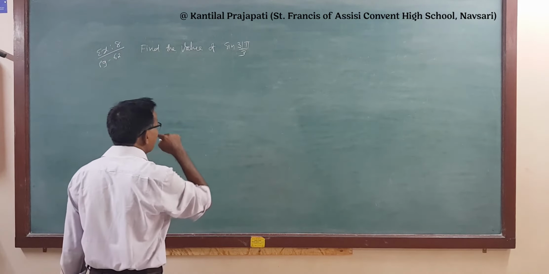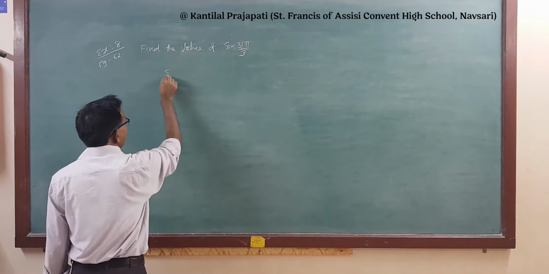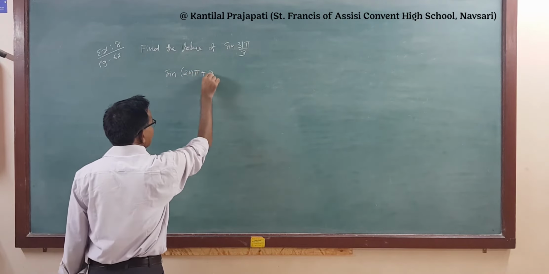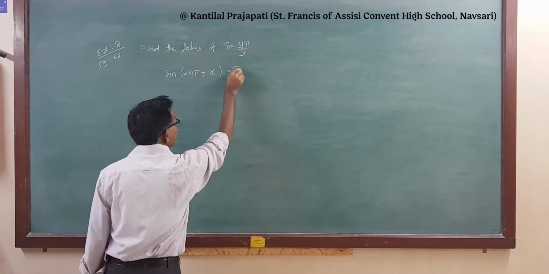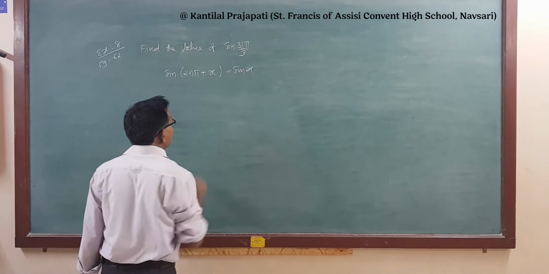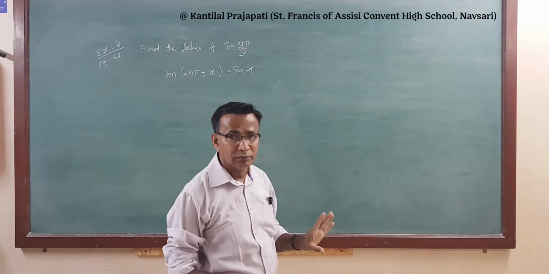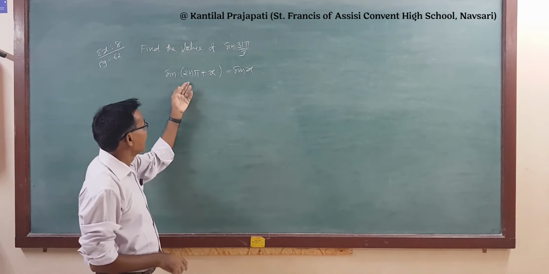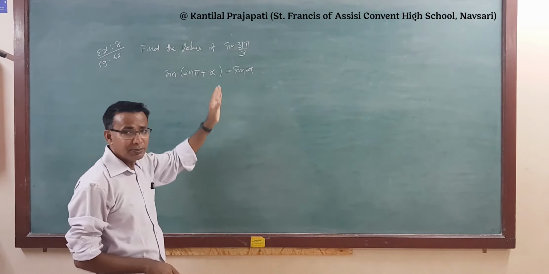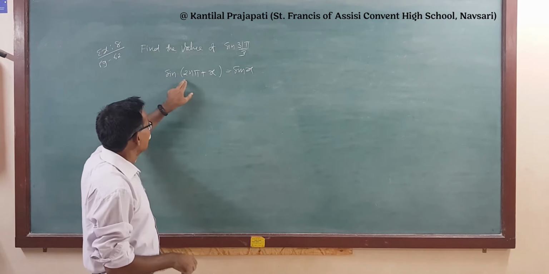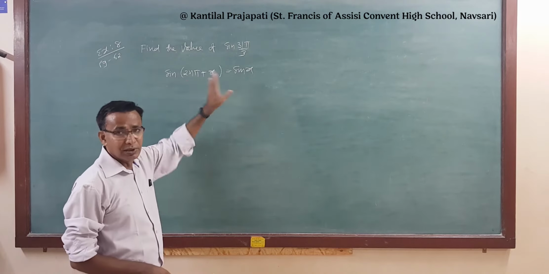We apply the formula here. We have derived this formula: sin of (2n pi plus x) is equal to sin x, where x lies in the first quadrant only. We have seen that the value of the sine function repeats after 2 pi, and from this we get sin of (2n pi plus x) equal to sin x.